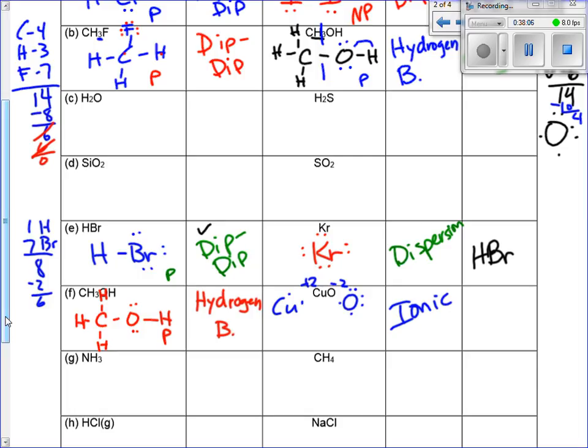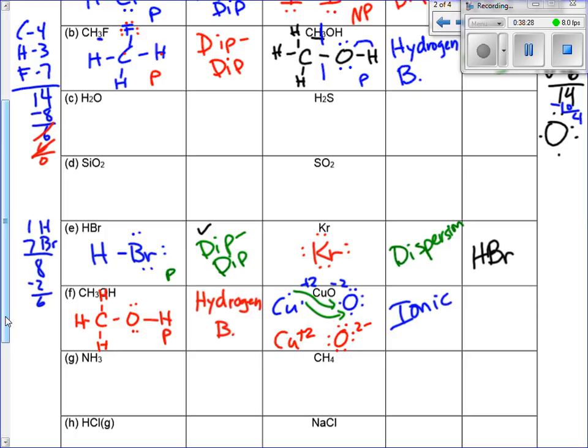So the copper is going to give away its electrons. Remember this? This was like way behind back then when we first started. So the copper ends up being a +2, and the oxygen has 8 dots with a -2. Don't forget to remember how to draw your ionic compound dot structures.